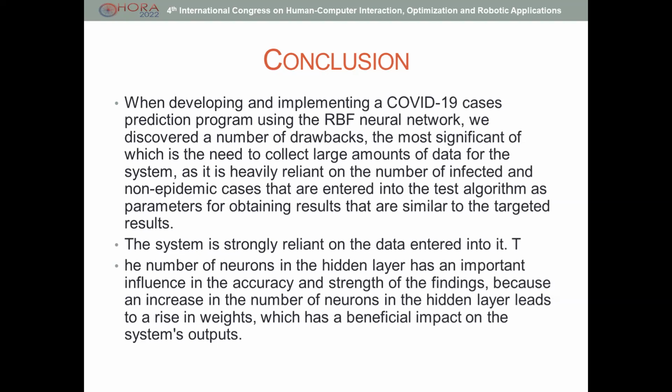Okay, the system is strongly reliant on the data entered into it. The number of neurons in the hidden layer is important to the accuracy and strength of the result, because an increase in the number of neurons in the hidden layer leads to a rise in weights, which has a beneficial impact on the system output.